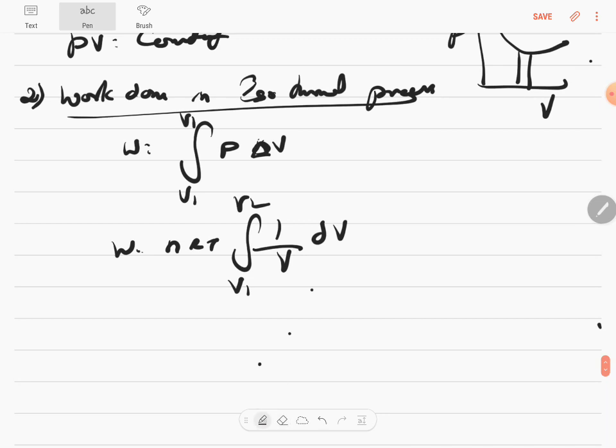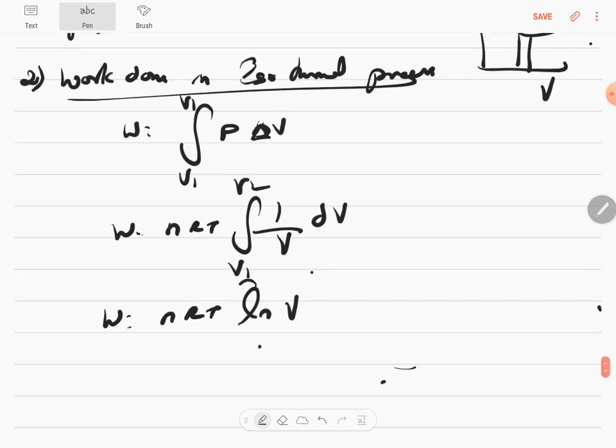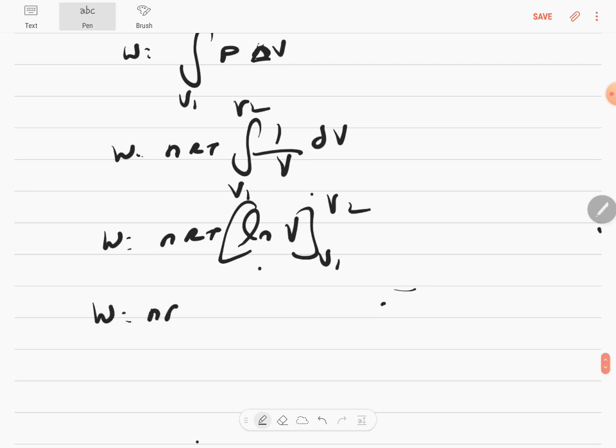It's ln V in fact, because log means base 10, ln means base e. So it is ln V with the lower limit and upper limit, upper limit minus lower limit, so ln V2 minus ln V1.